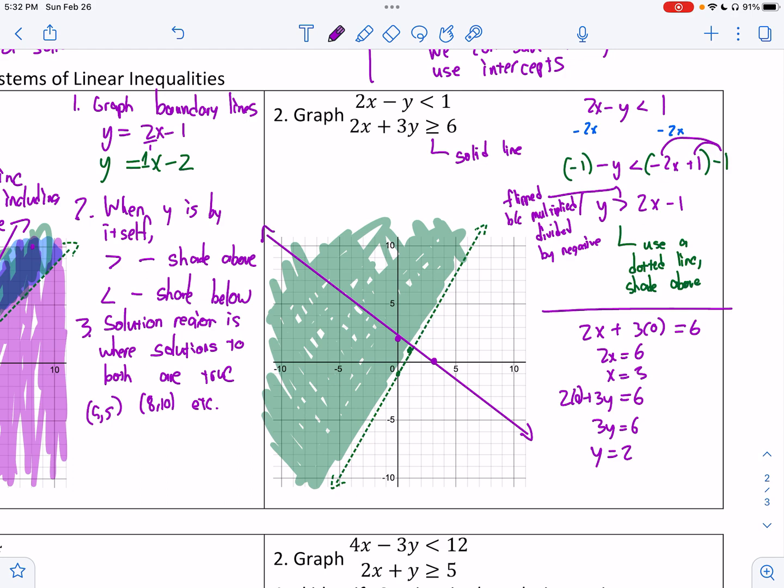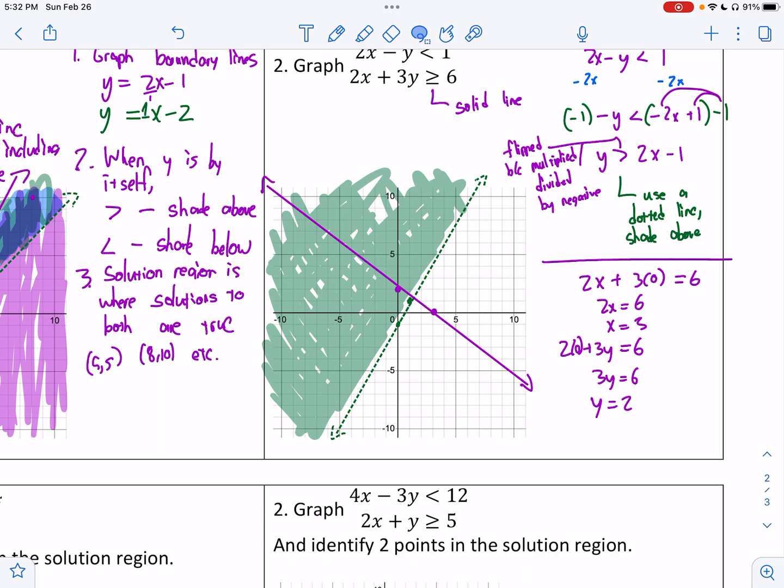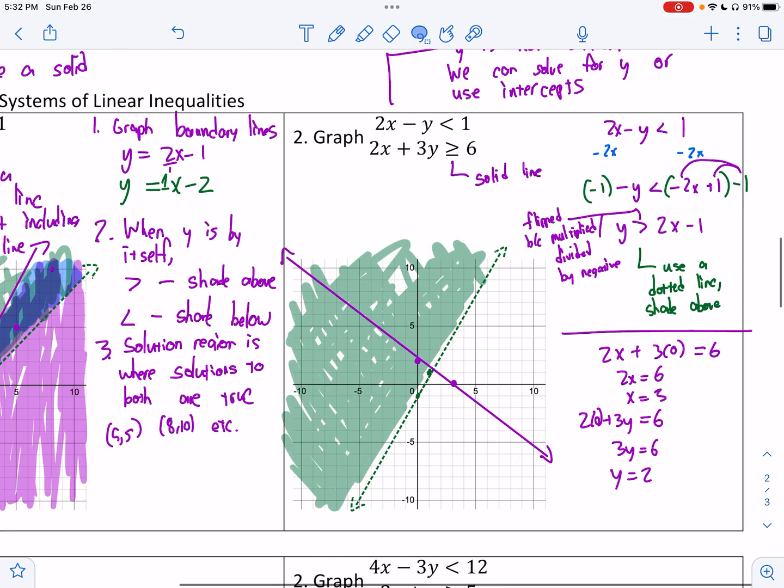But now, since y is not by itself, I can't just say it's a greater than sign, so shade above. What I actually do is I test a point. So I'm going to test the point 0, 0.